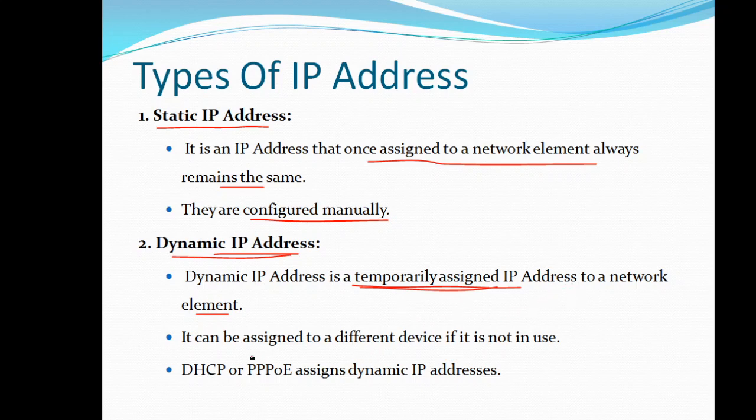So it can be assigned to a different device if it is not in use. Generally, DHCP servers or PPPoE servers assign these dynamic IP addresses to the hosts or computing devices connected in a network.